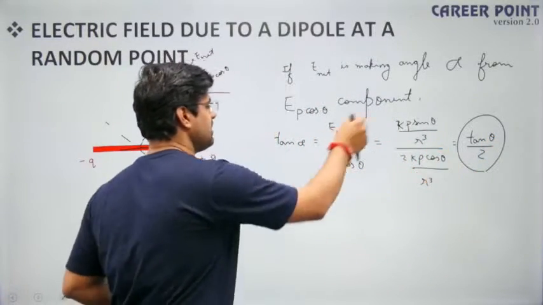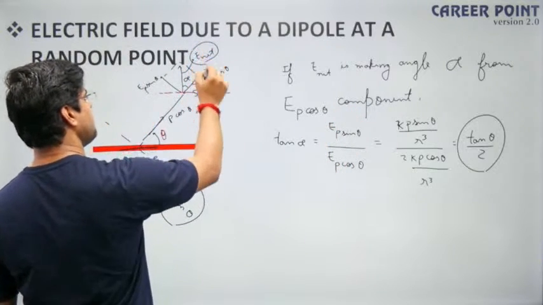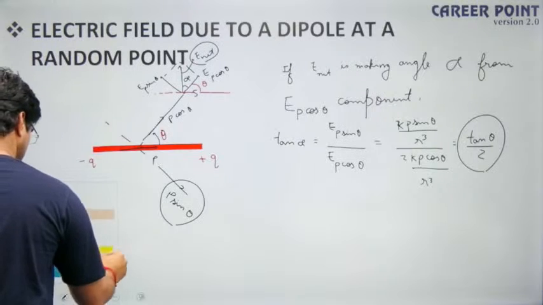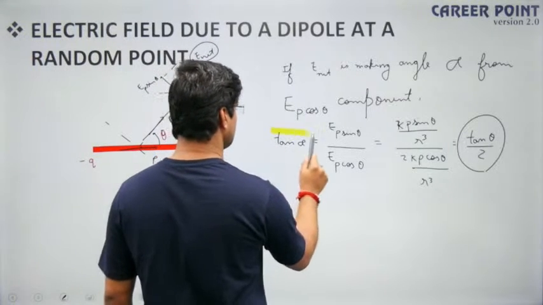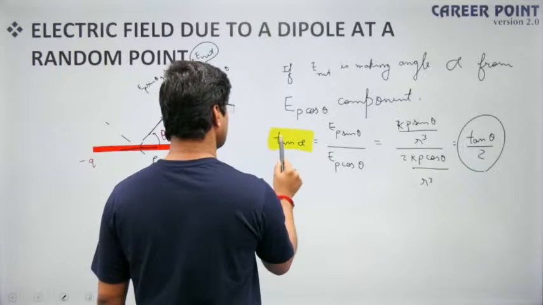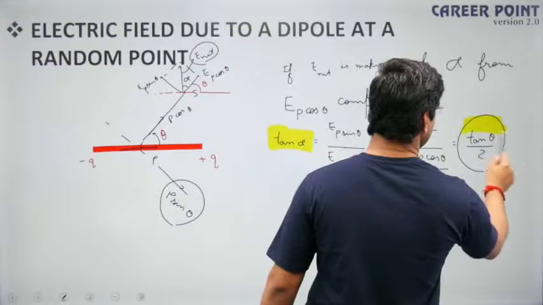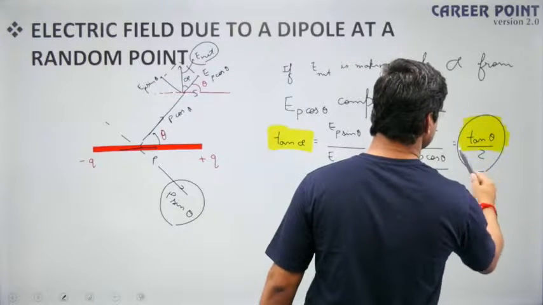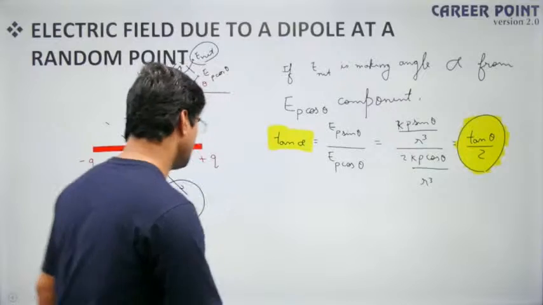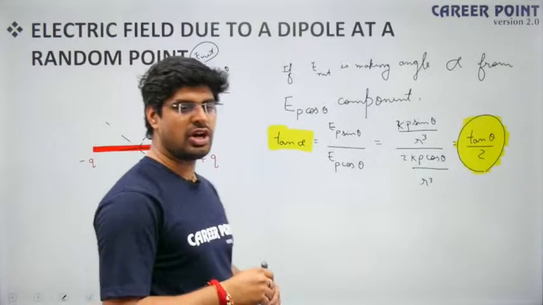Now tan alpha is equal to tan theta by 2 we are getting for the angle made by net electric field with EP cos theta. This is tan alpha, tan theta by 2. Okay, now what is the condition? Now I am asking you one question.